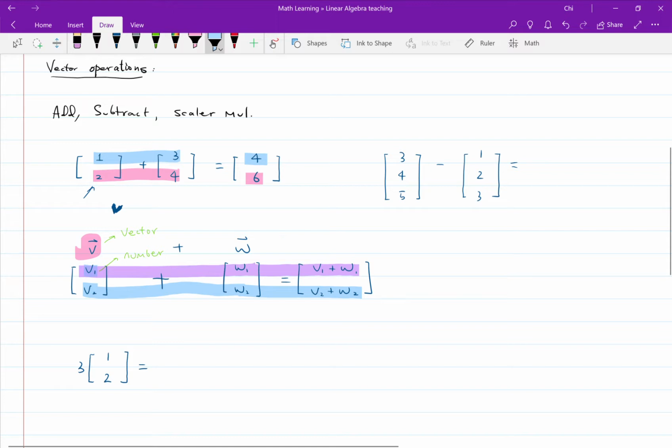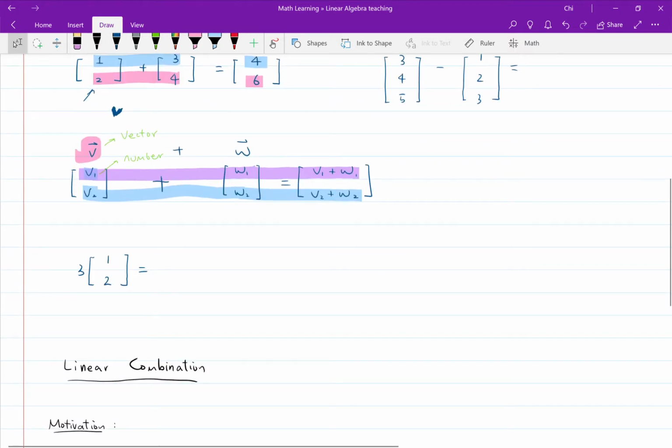So that's how you do vector addition. And since we had a way to visualize the vector itself, we also have a way to visualize the process of addition. Let me show that to you.